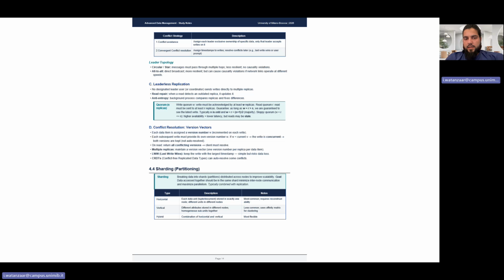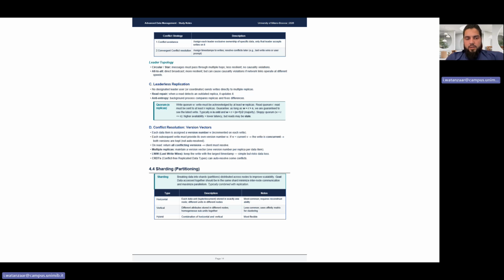This may be obtained by the sloppy quorum, where write replicas plus read replicas are less than or equal to n, and this strategy has the side effect of also reducing the latency. As we discussed, it's higher availability but lower latency. However, there is some probability that we will read stale data, even though it's prioritizing higher availability.